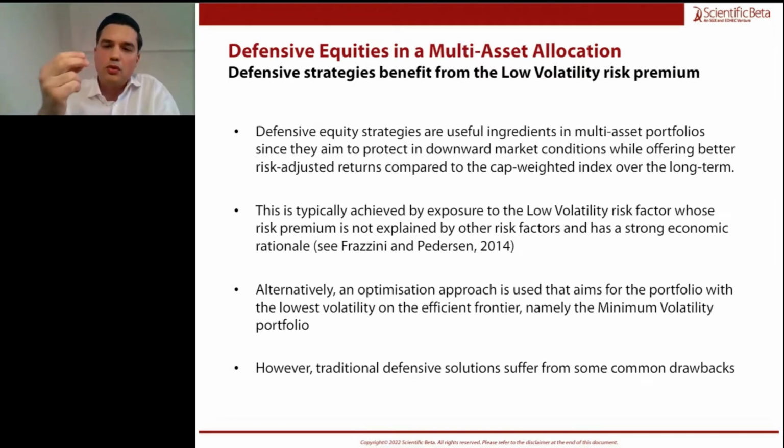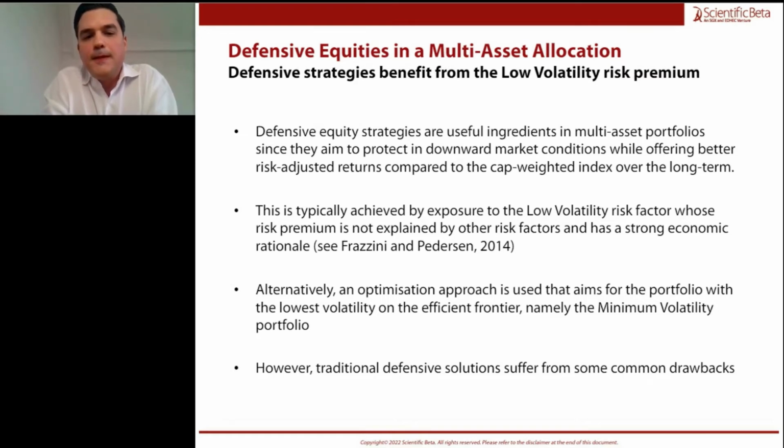So how do you get access to the low volatility risk premium? Traditionally, people are trying an optimization approach whereby the portfolio construction is based on searching for the low volatility portfolio, for the portfolio with the lowest volatility on the efficient frontier, and we call this the minimum volatility portfolio.